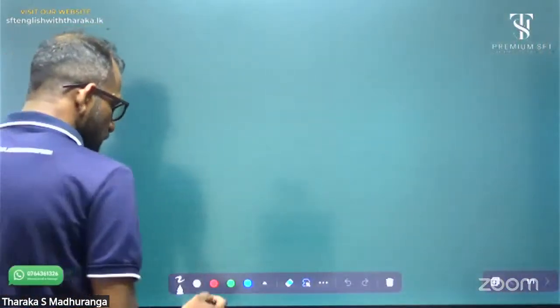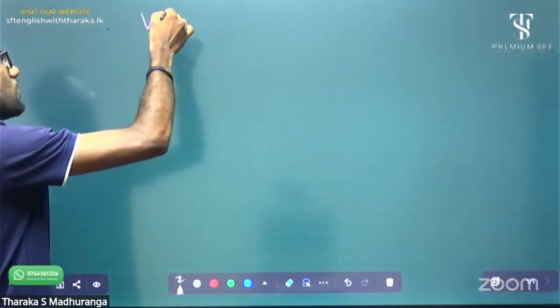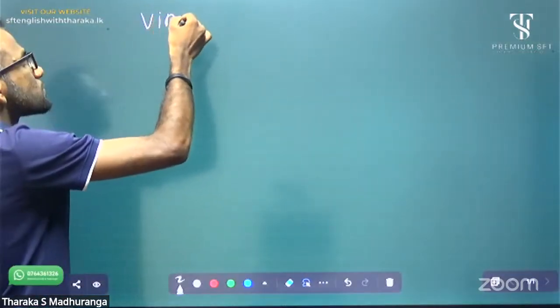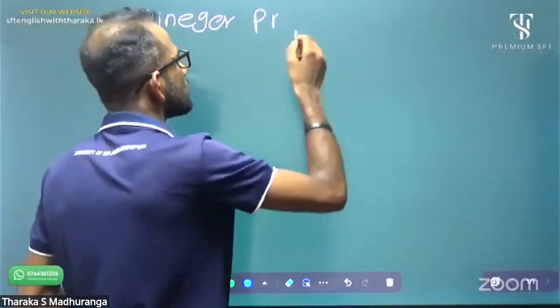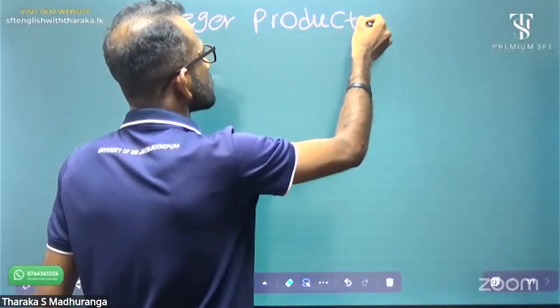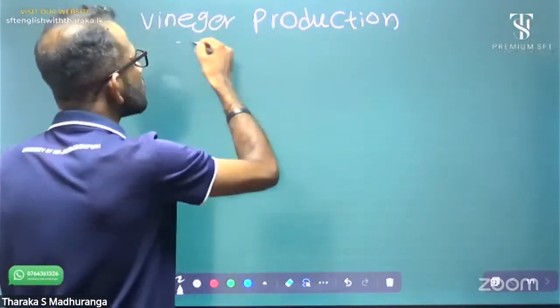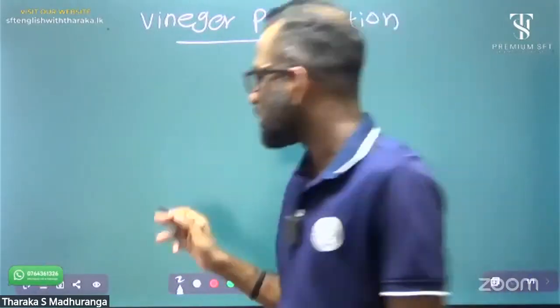Okay, I will revise vinegar production again, because vinegar production is very important. I missed one point in the morning class. Okay, how to produce vinegar? We have two main steps.